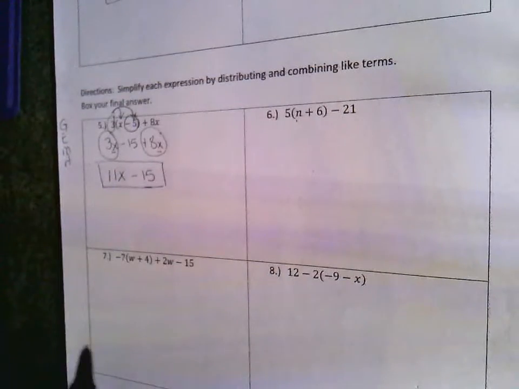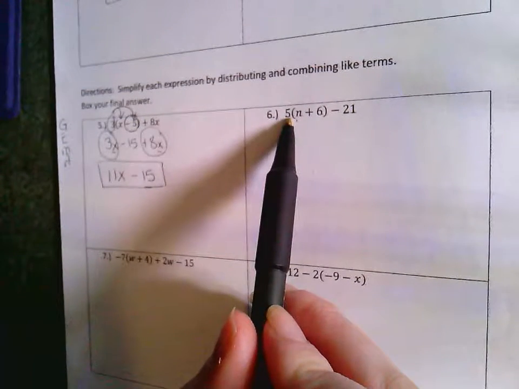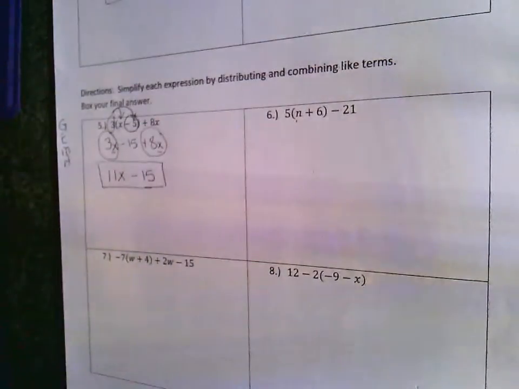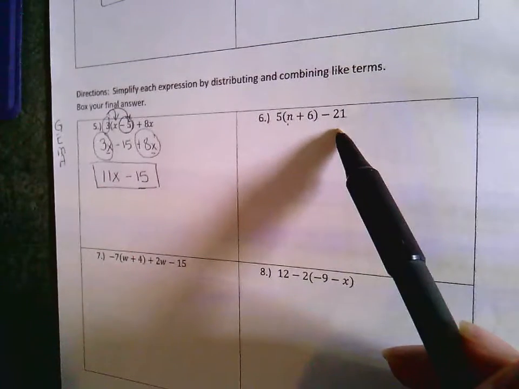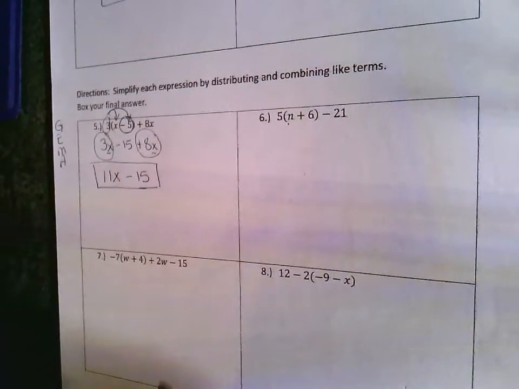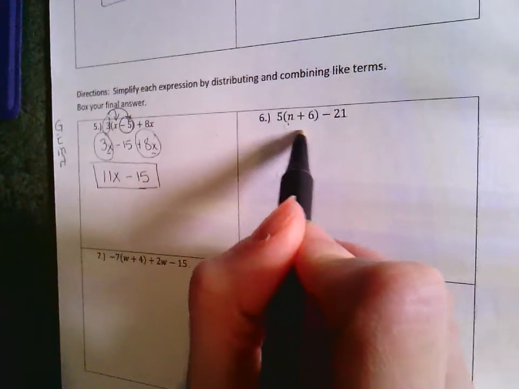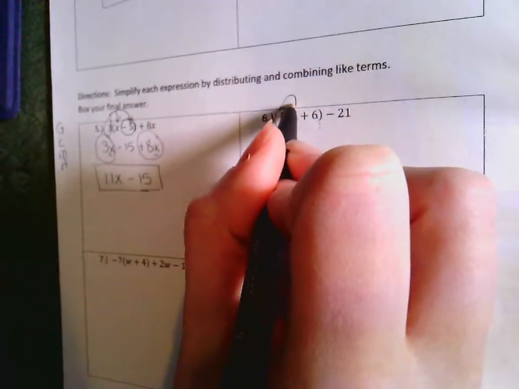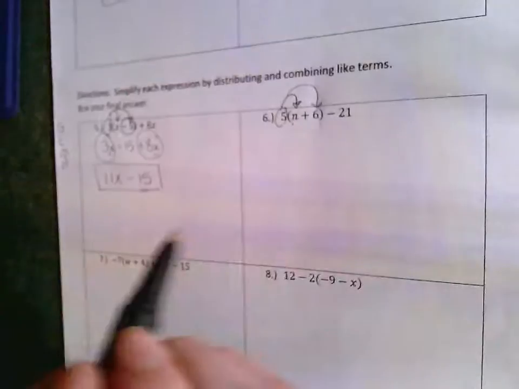I do see some multiplication. My expression says 5 times (n plus 6) minus 21. Now when I'm distributing, do I distribute out to this number? The answer is no. I'm only distributing to the numbers inside of the parentheses. So I'm going to take my 5 and distribute it to the n, and distribute it to the 6.